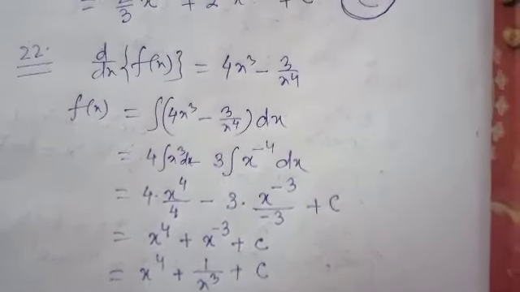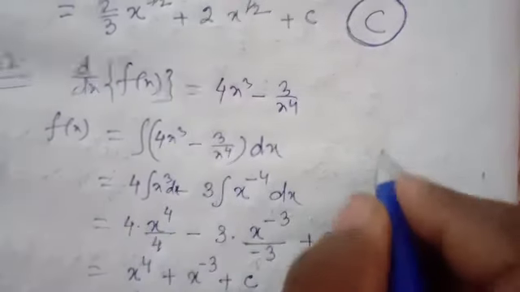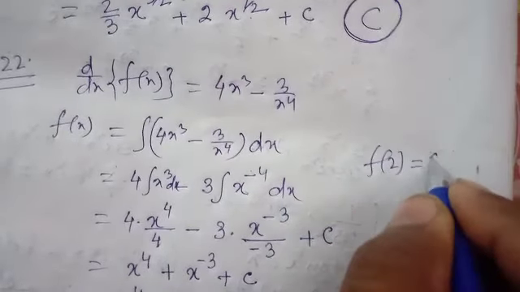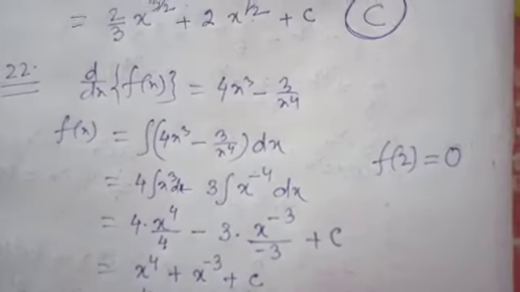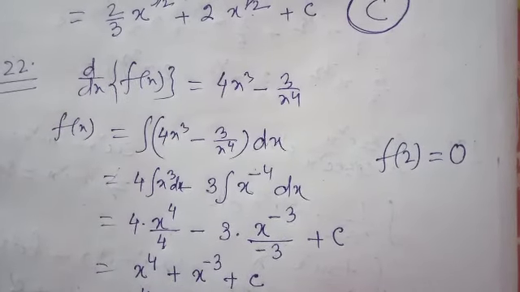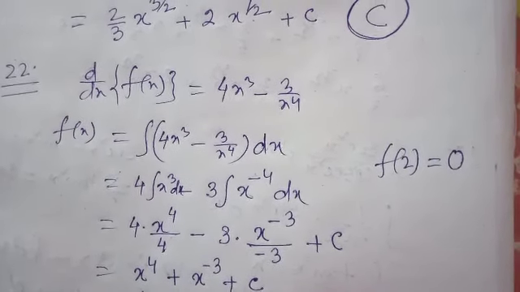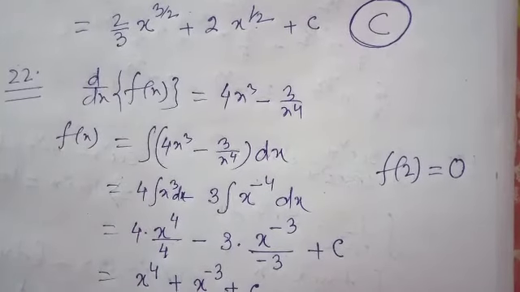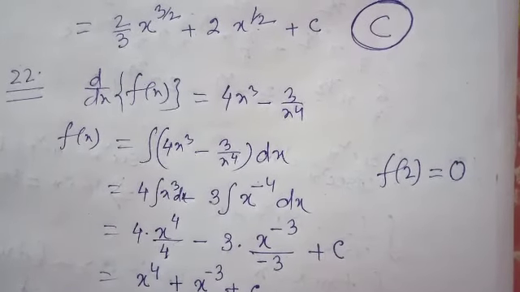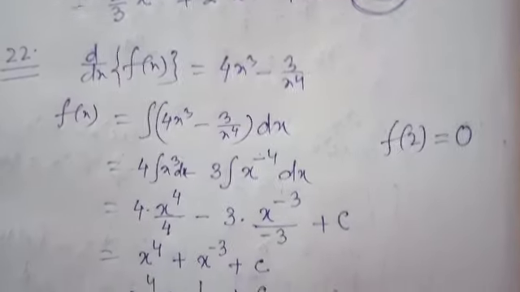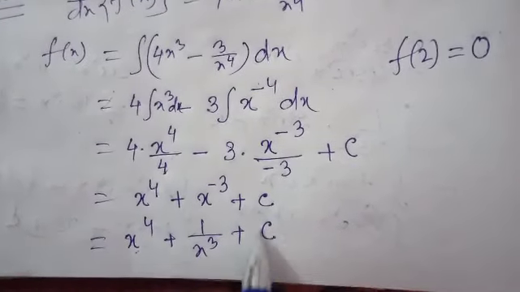But here another condition is given, f of 2 equals 0. So f of x equals x to the power 4 plus 1 by x cube plus c. So if you replace x with 2, you will automatically get the value of this c.